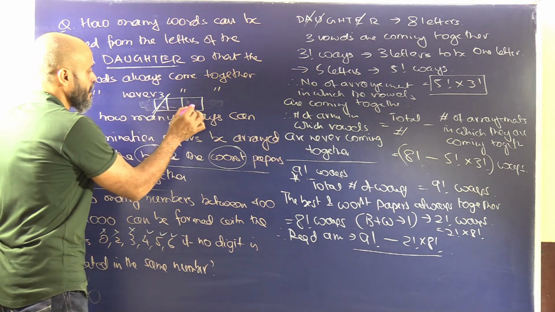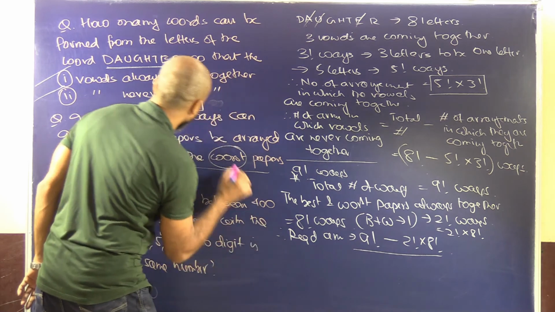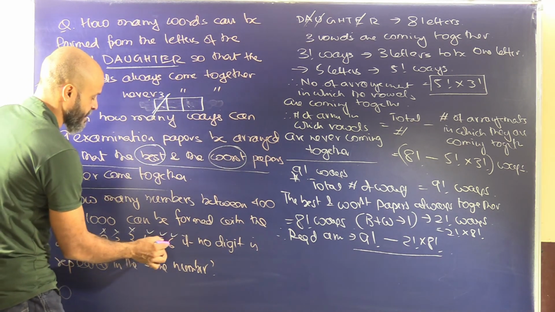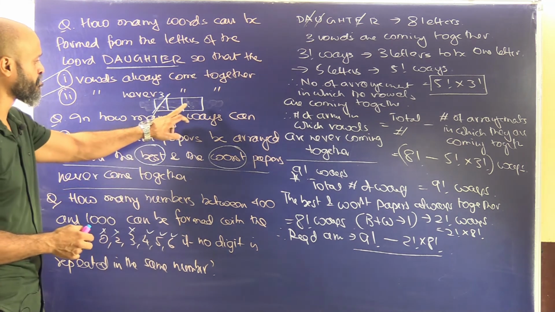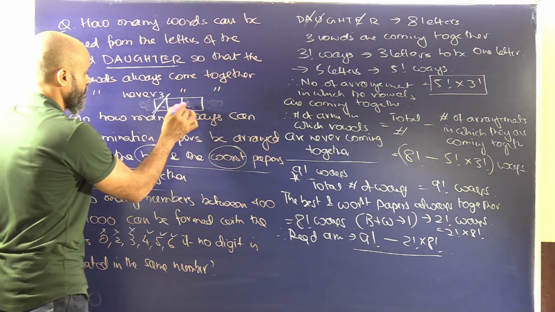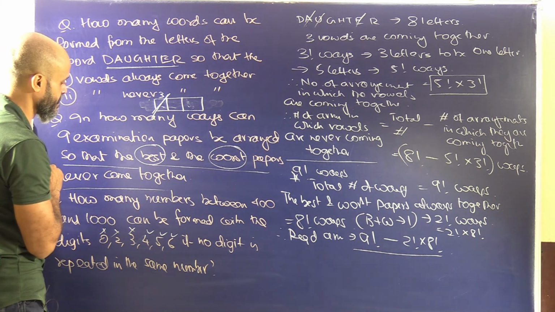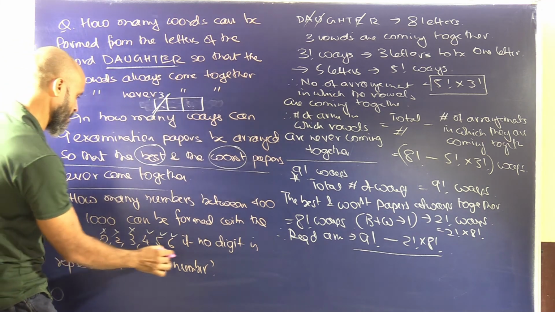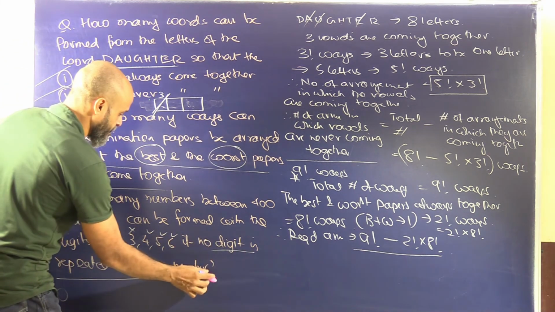Now we have 1 2 3 4 5 6, these 6 digits, to be arranged. No repetition is allowed, as no digit is repeated in the same number.